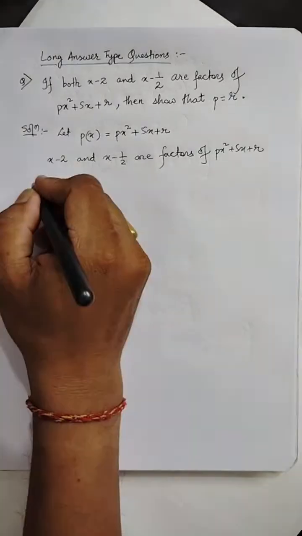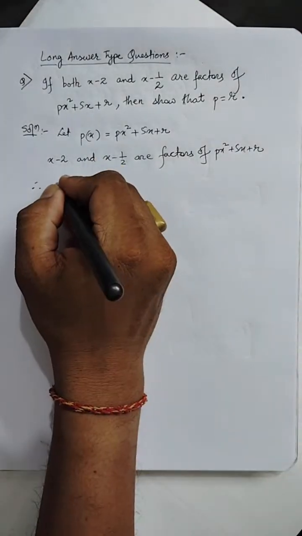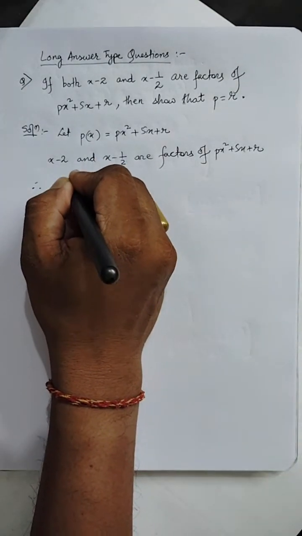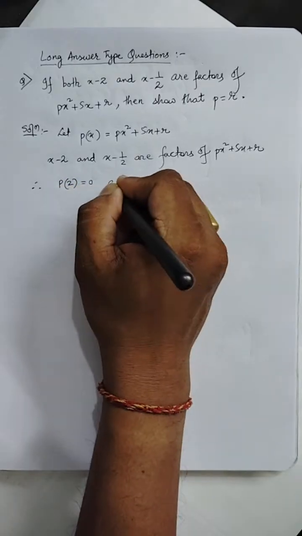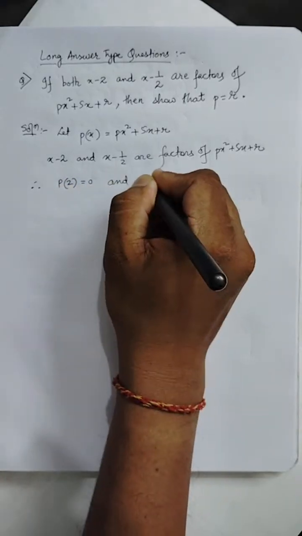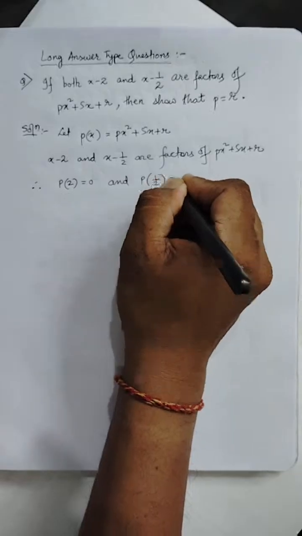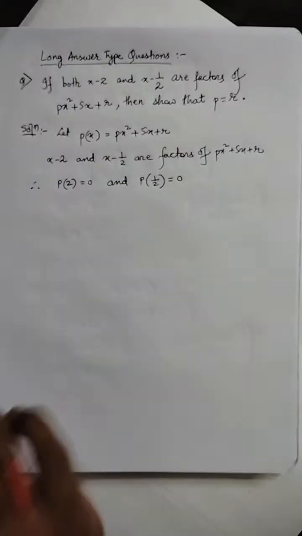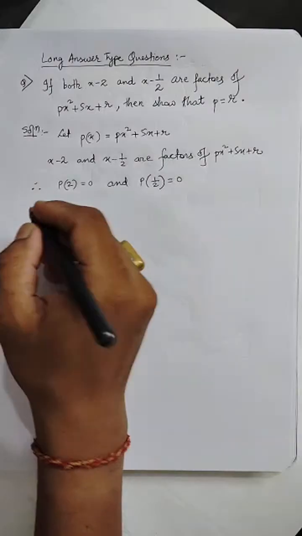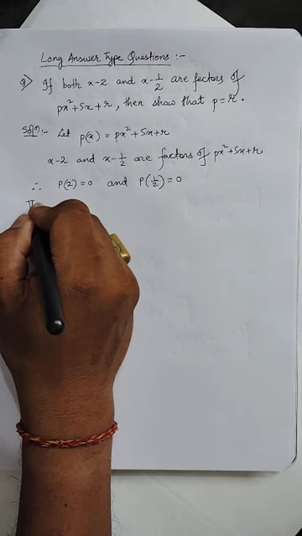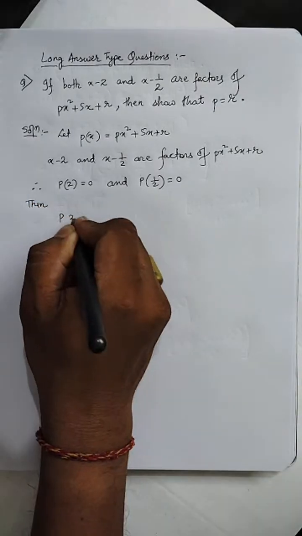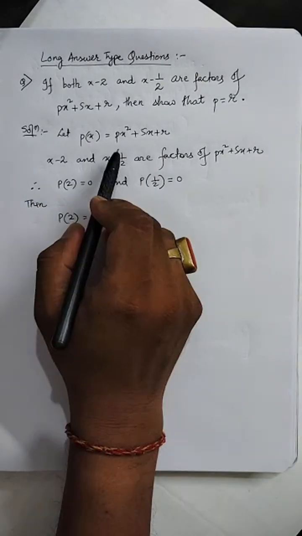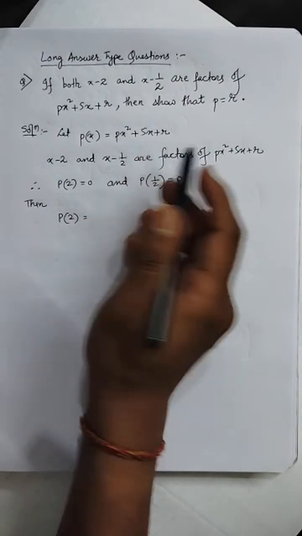So therefore we can write p(2) equals 0 and p(1/2) is also equal to 0. Okay? So we will proceed with this. Then p(2) means we will replace all the x with 2.